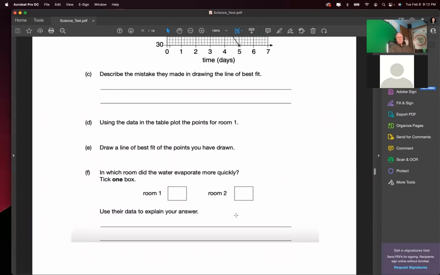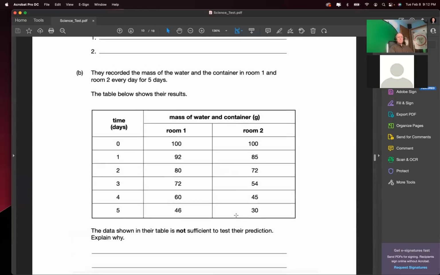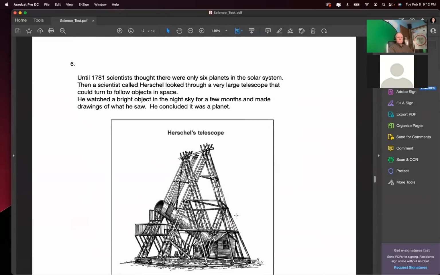Right. In which room did the water evaporate more quickly? And here's your table. It looks like it's evaporating more quickly in room 2. Okay, room 2. Very good. This thing is awesome.